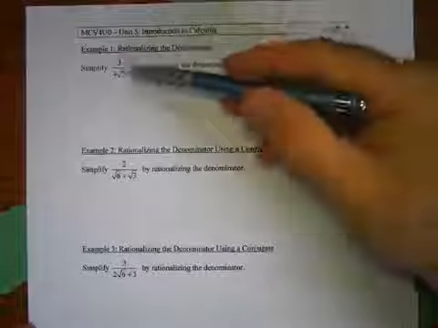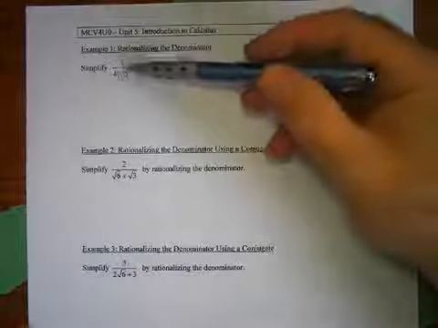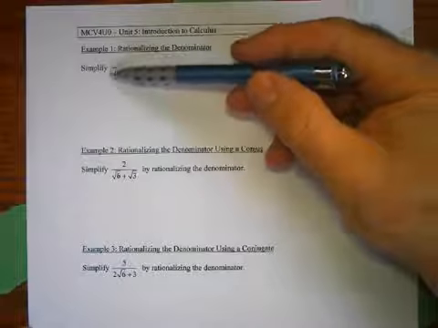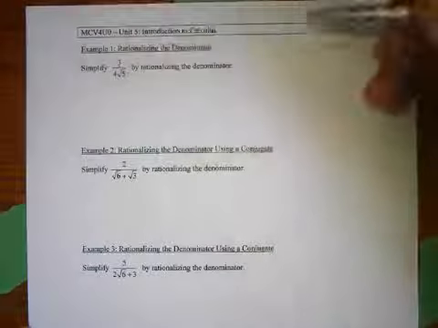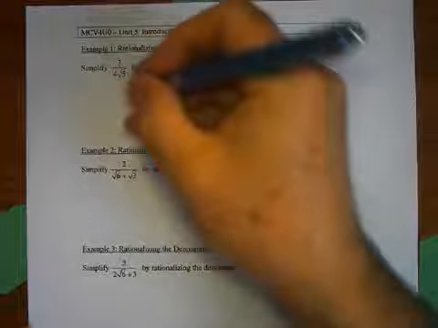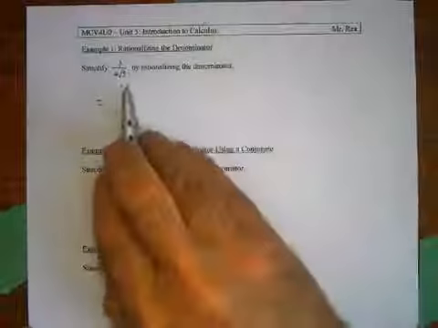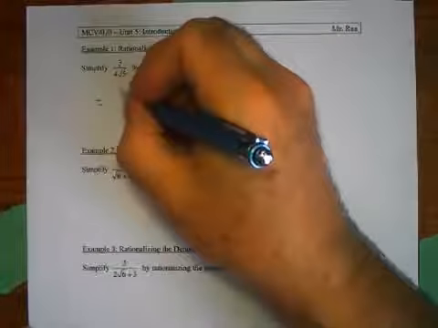So what we try to do is rationalize the denominator. In other words, make the equivalent rational expression that doesn't have a radical on the bottom. So for example, when we say simplify this by rationalizing the denominator, we can multiply.